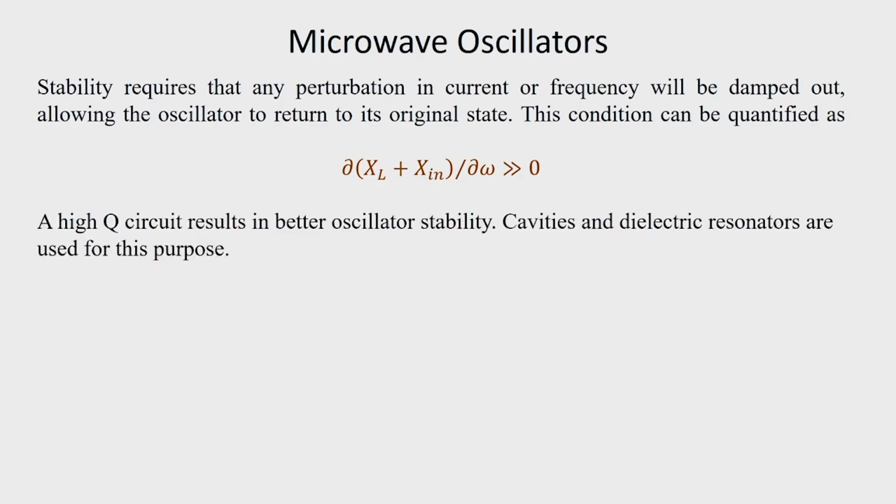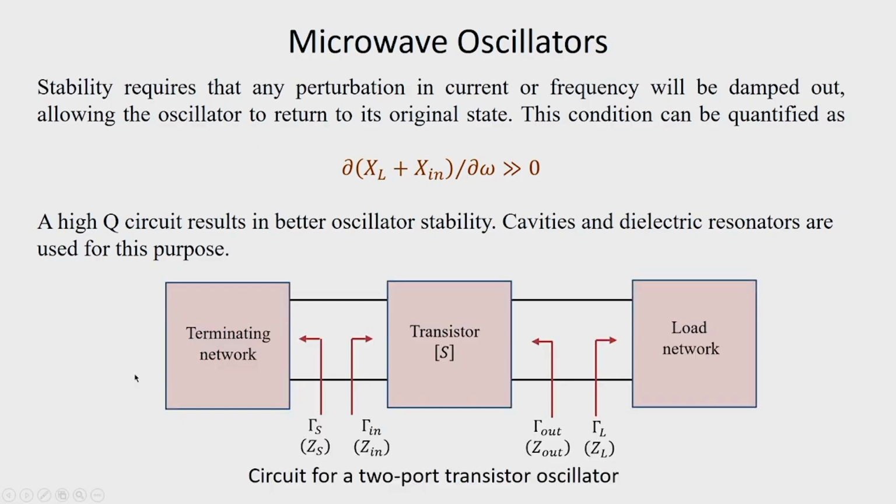Essentially this translates into the fact that a high Q circuit results in better oscillator stability, and that is the reason why cavities and dielectric resonators are used for this purpose.